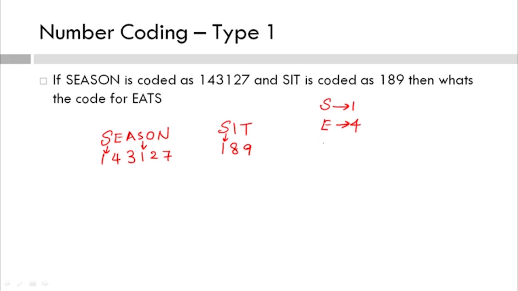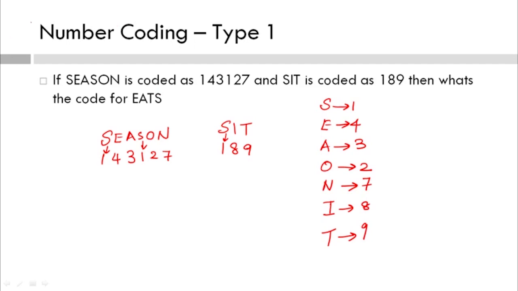Wherever I see A, I will use the number 3 as its code. Wherever I see O, I will use the number 2 as the code. Wherever I see N, I will use the number 7 as the code. Wherever I see I, I will use the number 8, and wherever I see T, I will use the number 9.